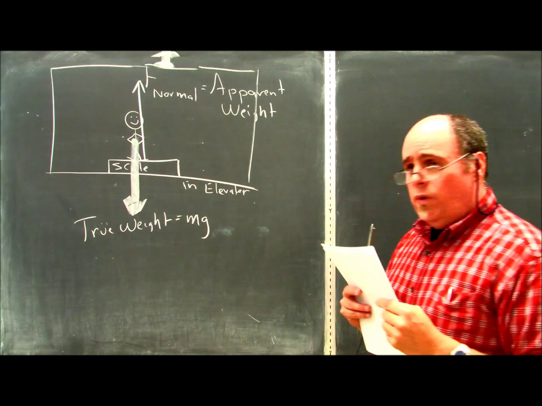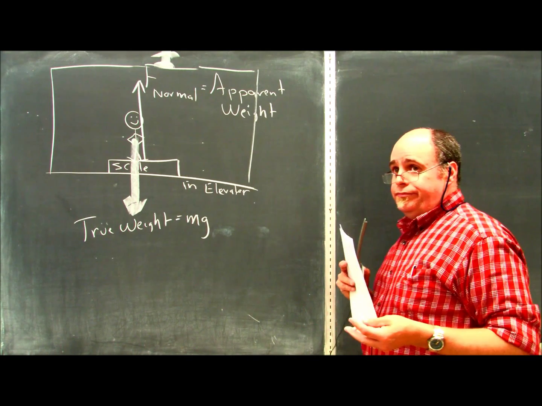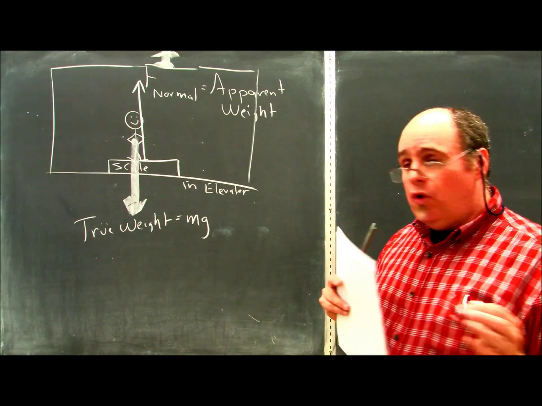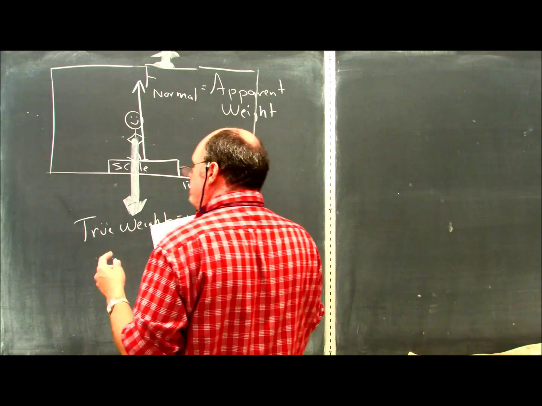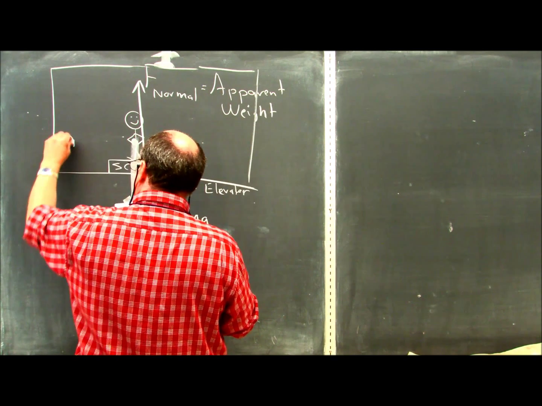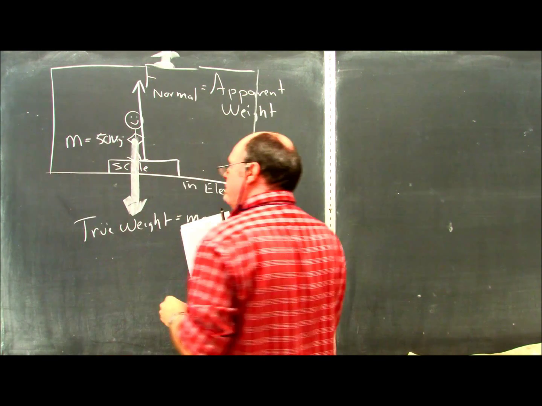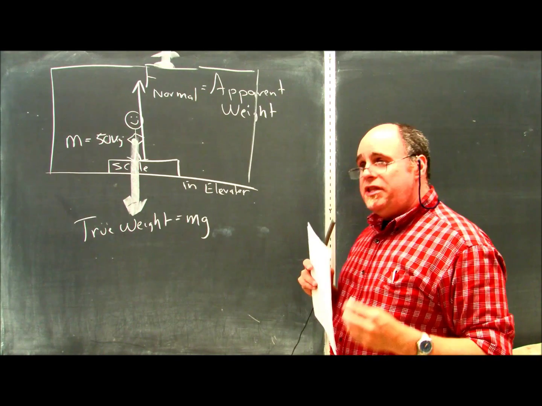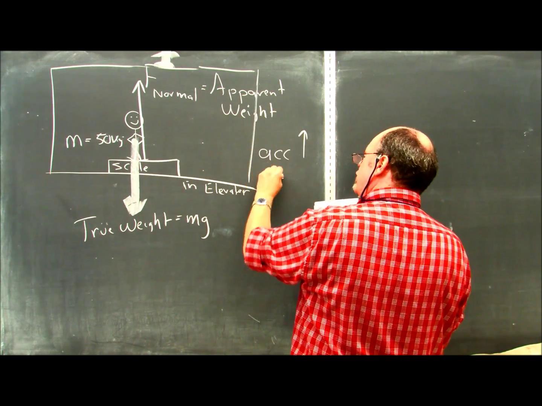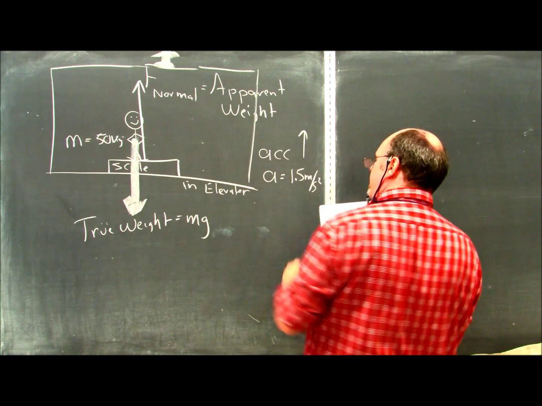And we would be told possibly that this person has a mass. So let's say this person has a mass of 50 kilograms. Okay, and we could say that at this particular moment the elevator is accelerating upward, and the acceleration rate is 1.5 meters per second squared.